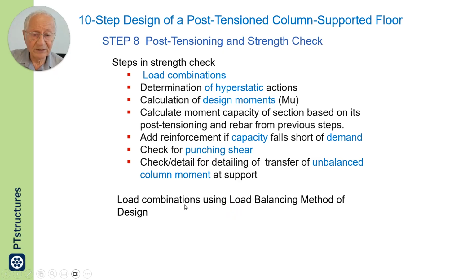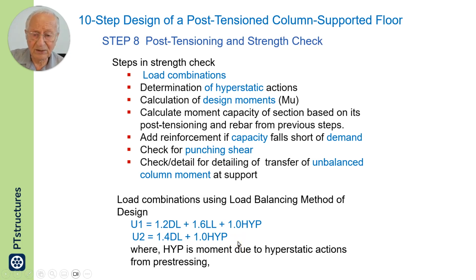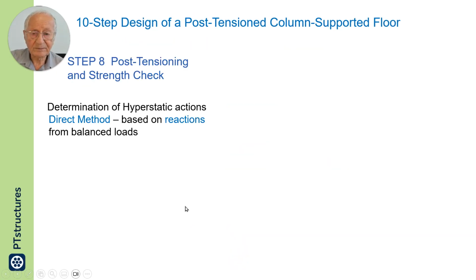Load combination using balance method of design is this: 1.2 dead, 1.65, and 1 hyperstatic. The second load combination is required to be checked but rarely governs. HYP is the hyperstatic action.